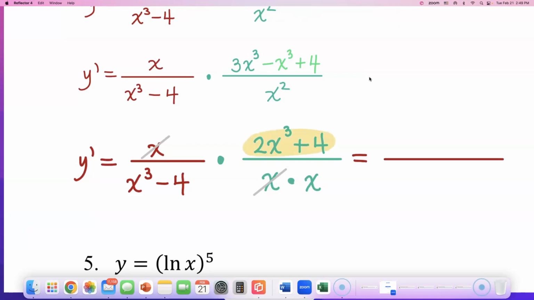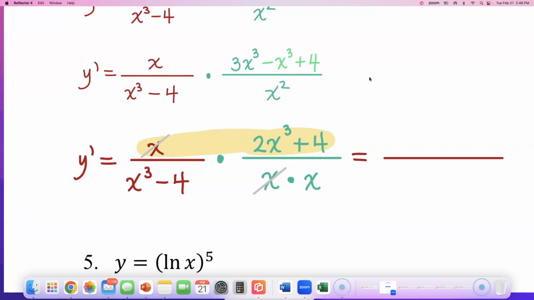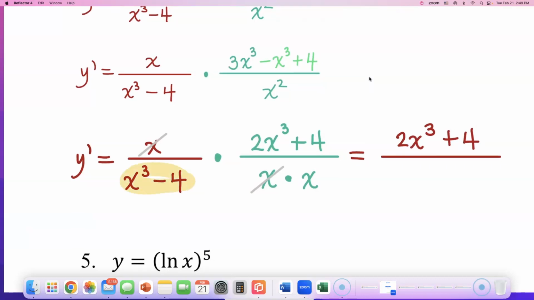It's just that. That's the only thing left on the numerator, right? So you will write down 2x to the third power plus 4 on top. Now let's see what's left in the denominator. x cubed minus 4 and one of the x's. So I'll say the denominator is x times x cubed minus 4, and that's my final answer.